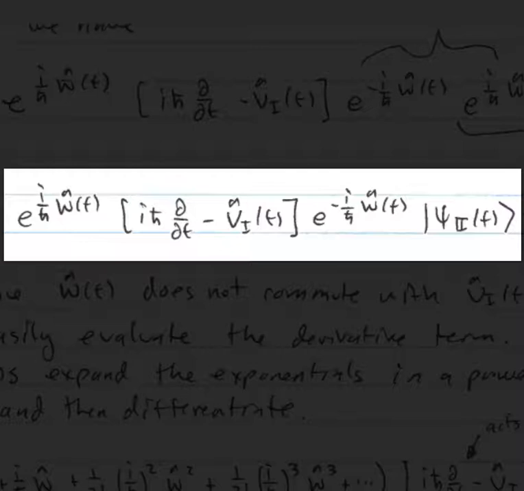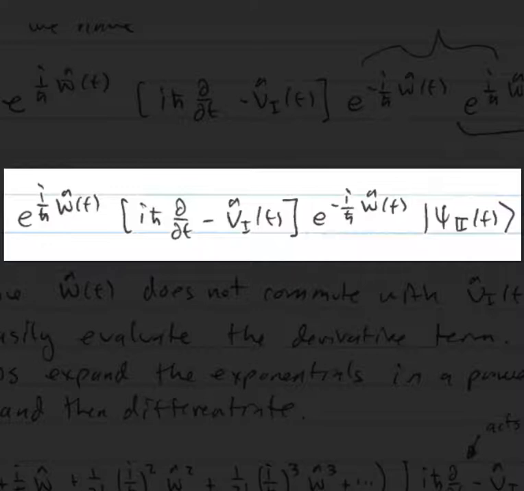If I take the derivative of a time-ordered product, the object that appears in the exponential gets pulled out into the front. But this exponential is not a time-ordered product. We didn't explicitly calculate the commutator of W of t with W of t prime, but it doesn't take very much for you to see that that commutator is not 0.